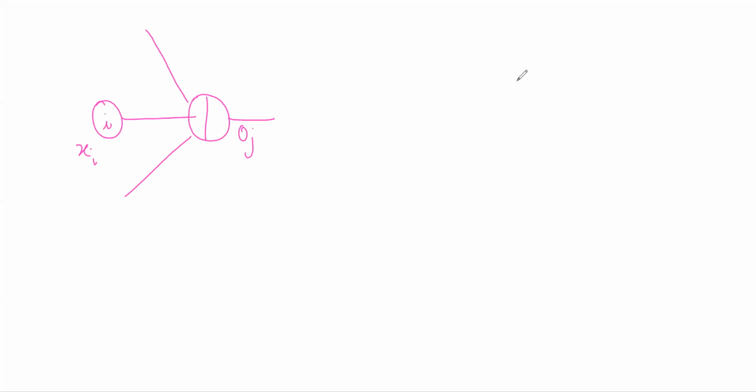So the I value and the Jth value have a pre-activation function over here and an activation function. Suppose we consider the activation function to be a sigmoid, and these are my weights.